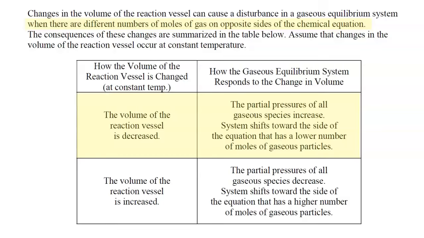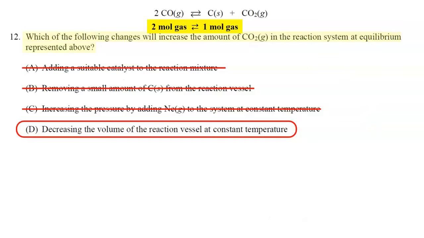And the system will shift toward whichever side of the equation has a lower number of moles of gaseous particles. In this example, that would be toward the right side of the equation, which has only 1 mole of gas, and that would result in an increase in the amount of CO2. So the answer to question 12 is choice D, decreasing the volume of the reaction vessel.